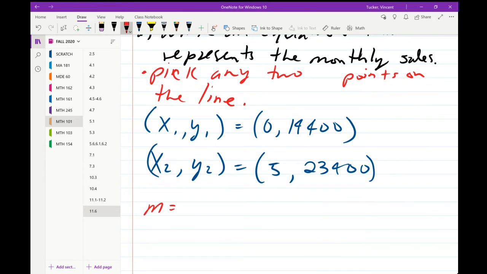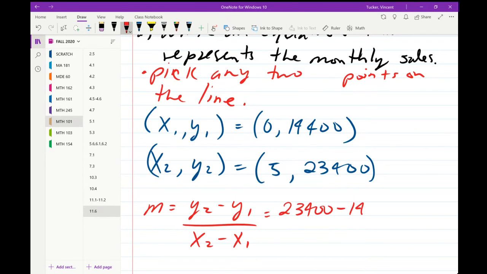All right. So from there, we will find our slope. So that's y2 minus y1 over x2 minus x1. Did the slope formula last class. So that's 23,400 minus 15,400.